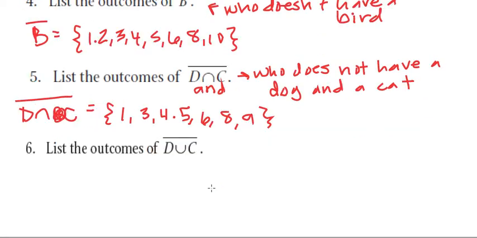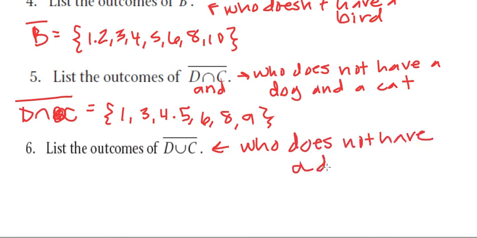Now the next one is similar. This would mean dog or a cat. So this wants to know who does not have a dog or a cat. And again, this notation is super important because right now you're just learning the notation and soon we're going to be using it.